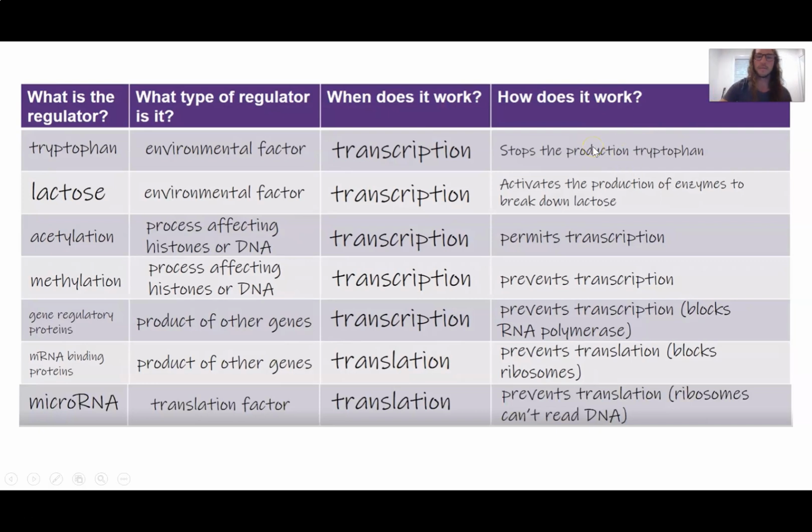But the takeaway message from this table is this: to know that there are different factors that work in the transcription stage and the translation stage of gene expression that can either stop a gene from being produced, protein from being produced through that gene being expressed, or to allow that to happen.